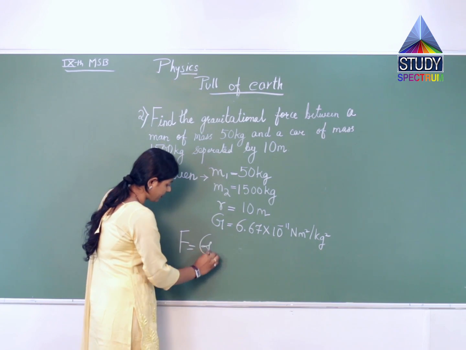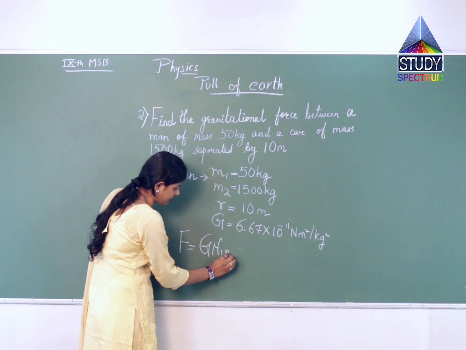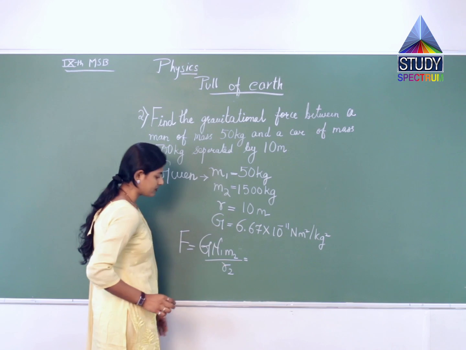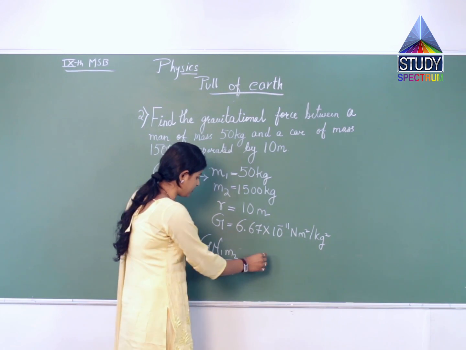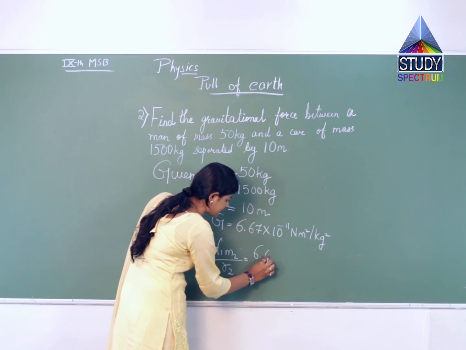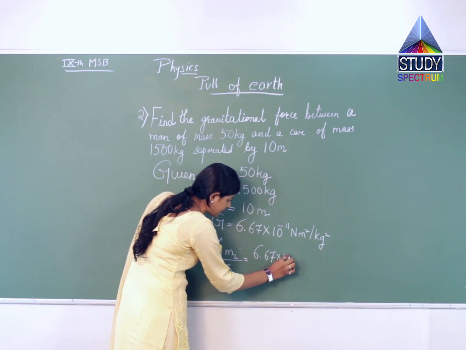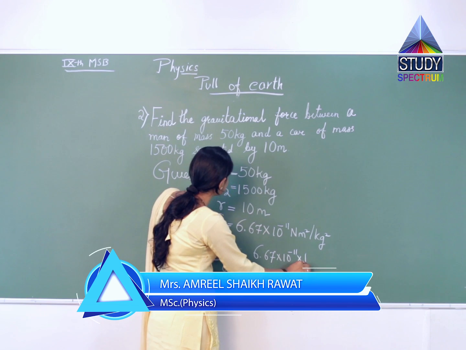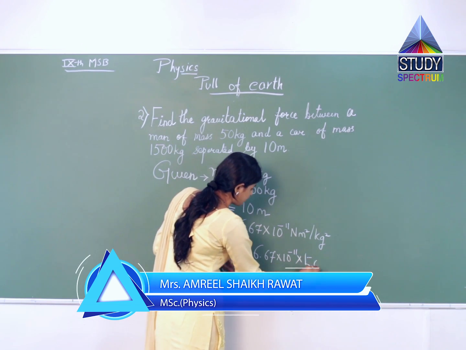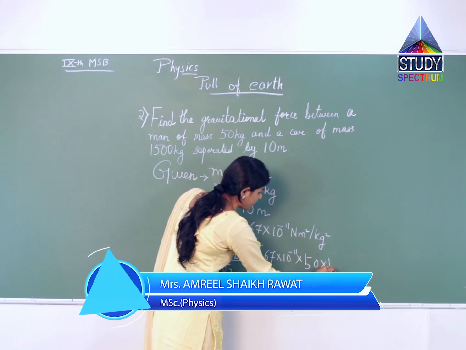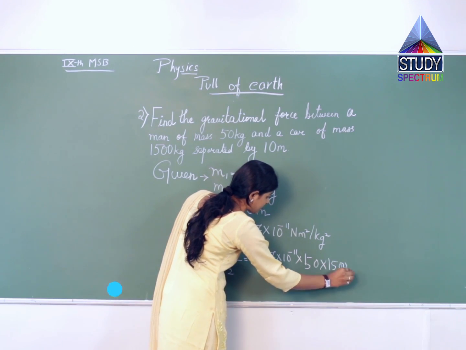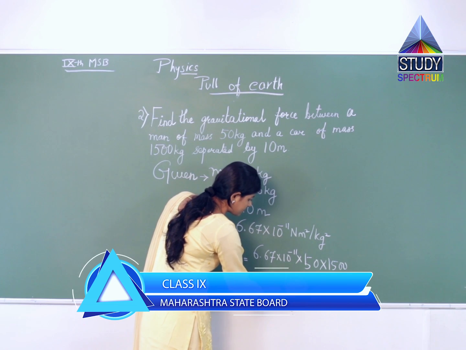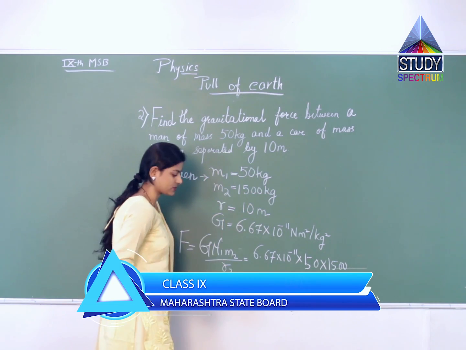So we will write the formula first, F equals G m1 m2 upon r squared. Now substituting the values in the formula, G is 6.67 into 10 raised to minus 11 into m1 is 50 kgs whereas m2 is 1500 kgs, divided by 10 the whole square, that is r the whole square.